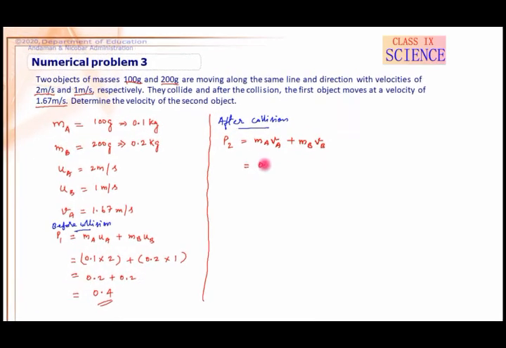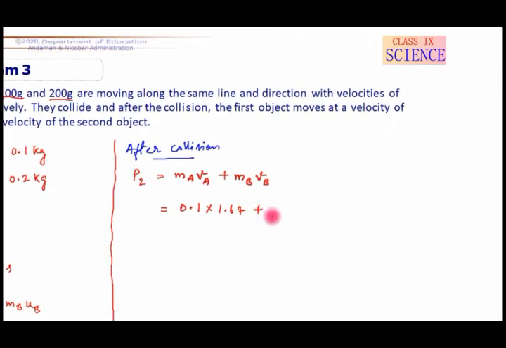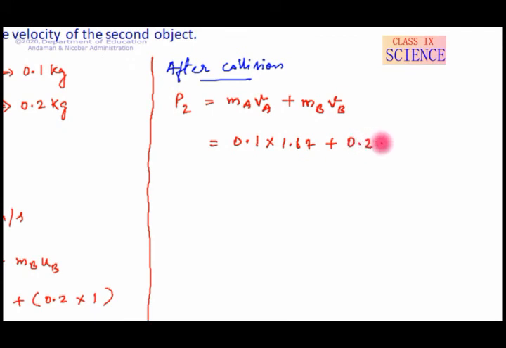MA we know that 0.1 into VA is 1.67 plus MB is 0.2 multiplied by VB we need to find, right. So which is equal to 0.167 plus 0.2 VB. So this is the total momenta after collision.